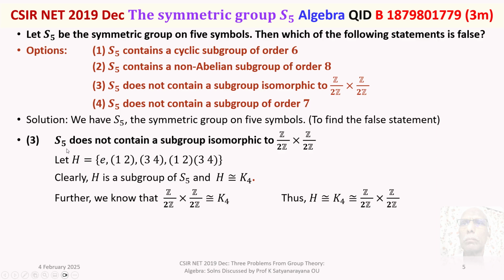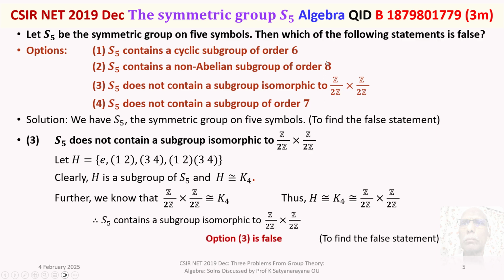So therefore, S5 contains a subgroup isomorphic to Z/2Z × Z/2Z. But in the option, it is given does not contain, therefore option 3 is false, and we are required to find the false statement out of the 4 statements. So we have found that one, therefore we got the answer. The answer to this question is option 3, and that is the detailed discussion of the given question. And the question is over.